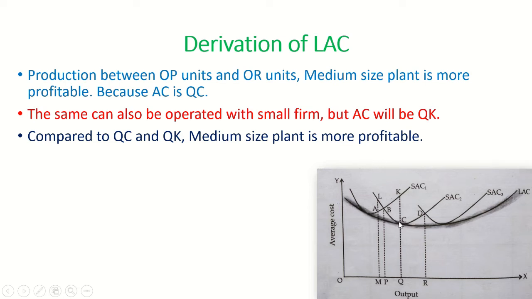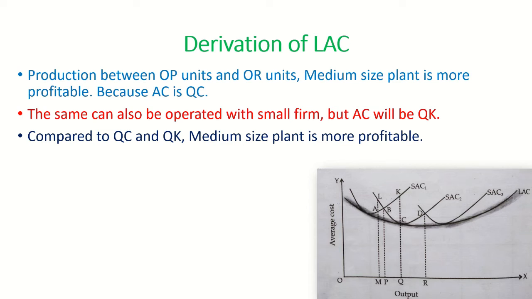The reason is that the AC is only QC. Okay, so we prefer the medium size plant to produce the output between the OP units and OR units. And the same can be operated with the small firm, that is, production between OP units and OR units can also be operated with a small firm.